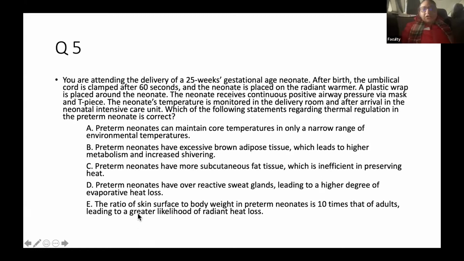The ratio of skin surface to body weight in a preterm neonate is not 10 times, it's much higher than the adult. So the answer is A, not E. And of course, they have less brown adipose tissue, they don't have much subcutaneous fat, and they don't have overreactive sweat glands.